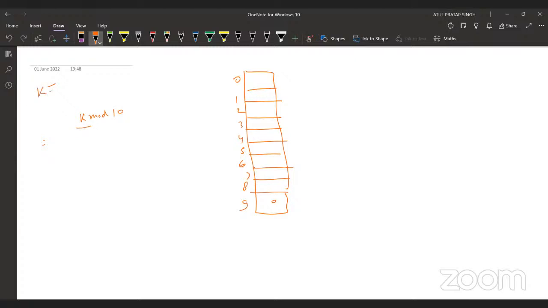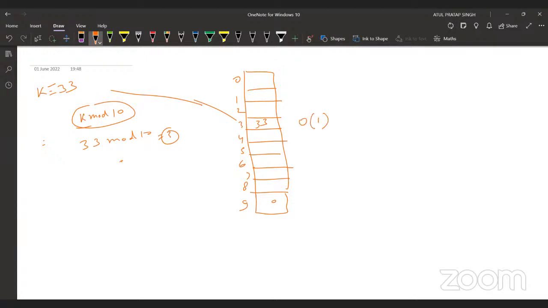If you want to insert 33 into this hash table, using this function we generate the address. 33 mod 10 returns 3. So we will directly store this 33 at index 3. This is a big O of one operation.